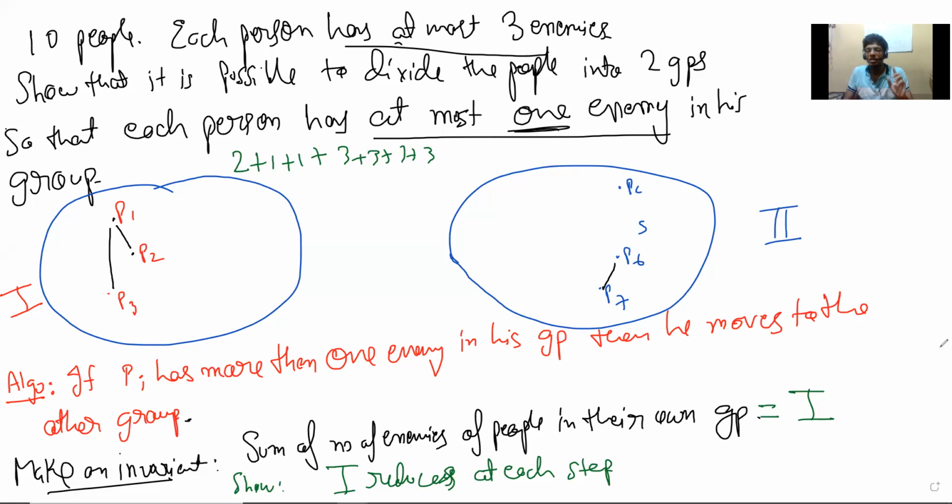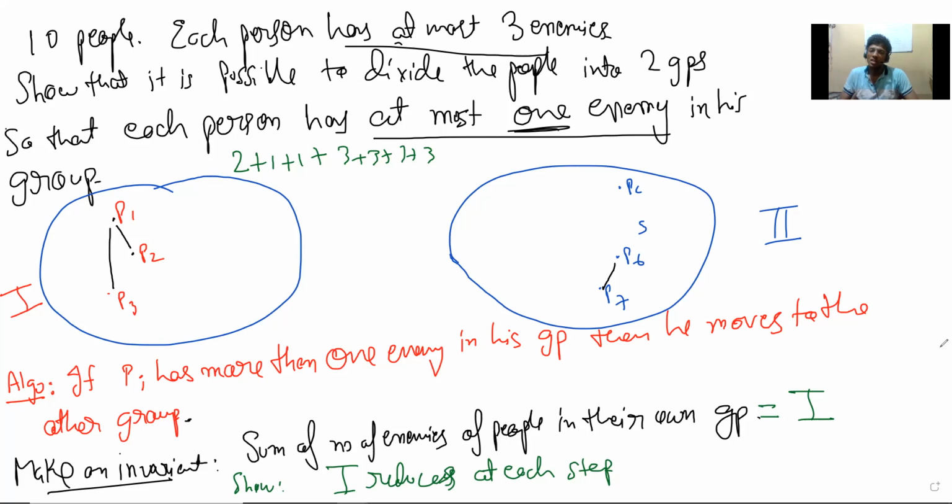Does everybody see that? I may be 1000, but if it reduces at each step, then after 1000 steps, I becomes 0. Once that happens, certainly you cannot move forward. Even before that, the algorithm will stop in practice, but that is certainly a place where it cannot go further.